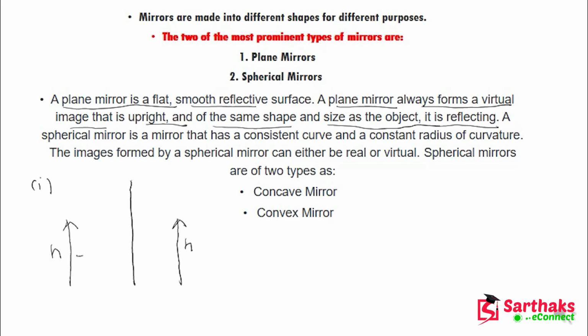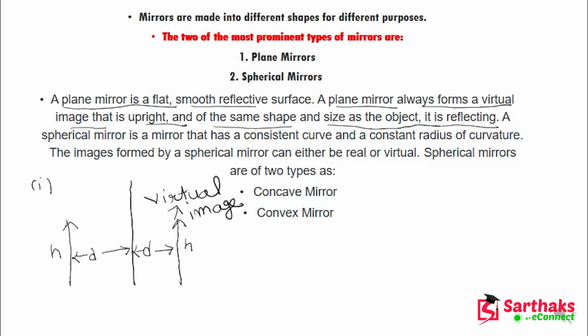If the distance between you and the mirror is d, then the distance between the plane mirror and the image will also be d. And the type of the image is virtual in the case of a plane mirror.